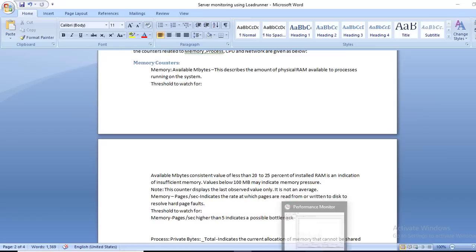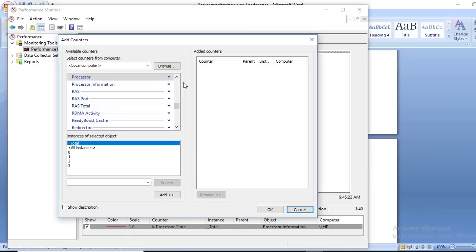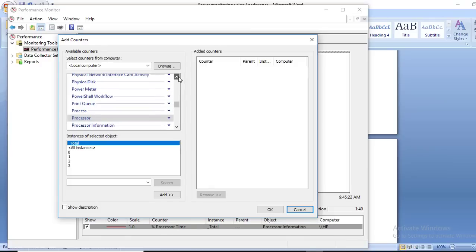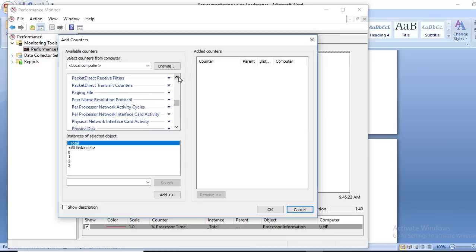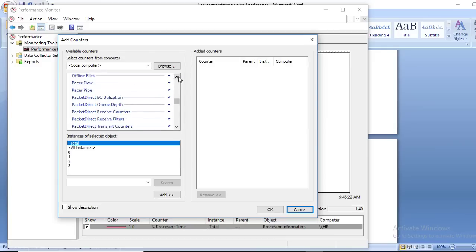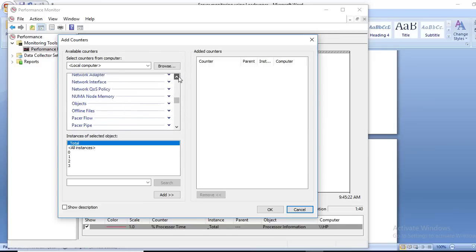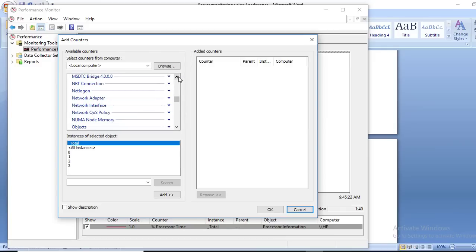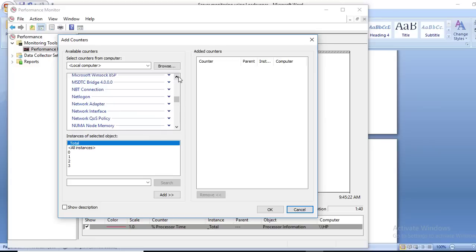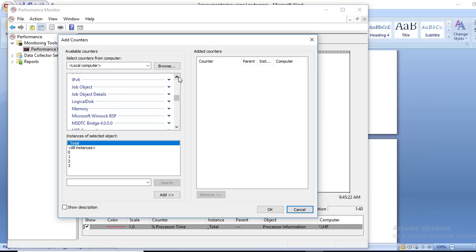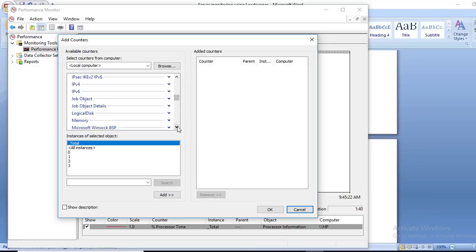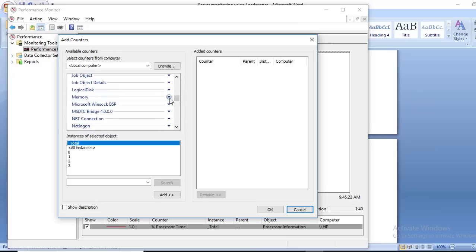Let us see here. We can add Perfmon using the controller. In the trial version this facility is not available. So let us see, this is memory.